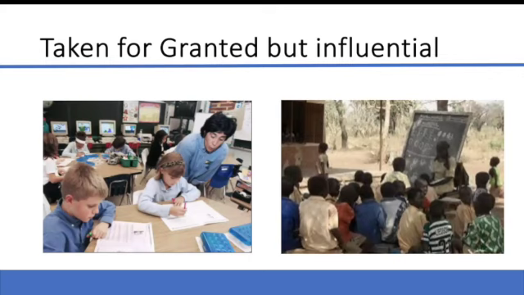On the right, you see a class in Africa where it's a village that doesn't have resources, and kids are just sitting outside, and you have kids of different ages because there's just one class for everybody, and they just have a board there and a teacher to try to teach all the students of the different ages, right? So we take for granted what we have in the United States.